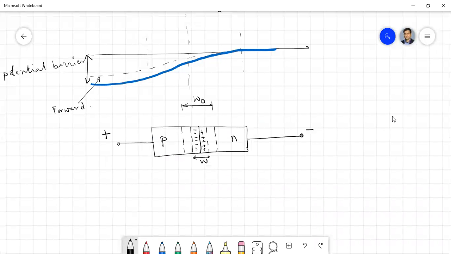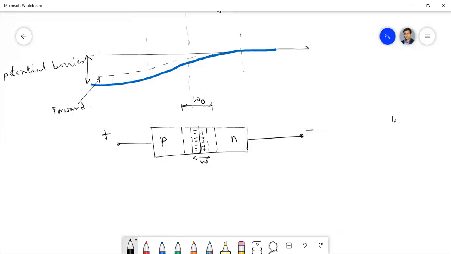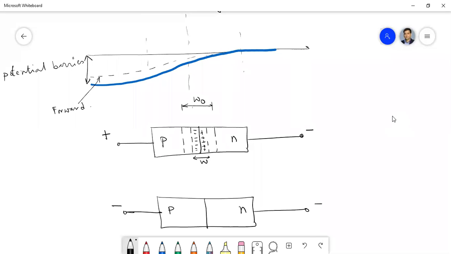Is that clear? Now, if we do the opposite thing, that means if we apply the negative to the P substrate and positive to the N substrate, what happens? The width of the depletion layer will be increased.